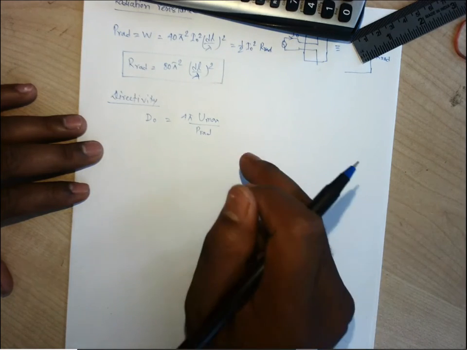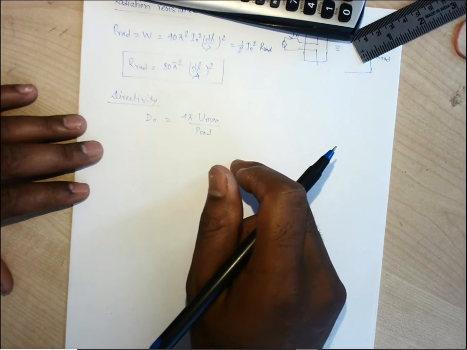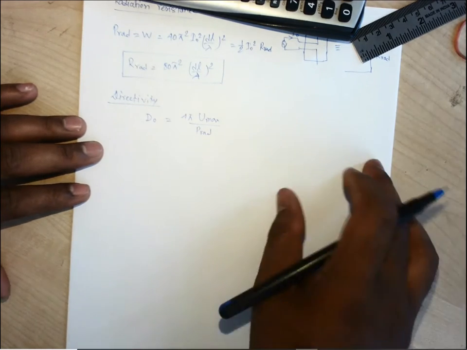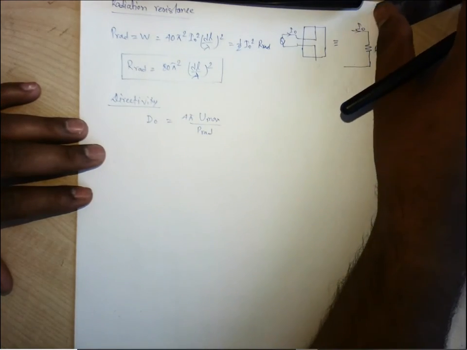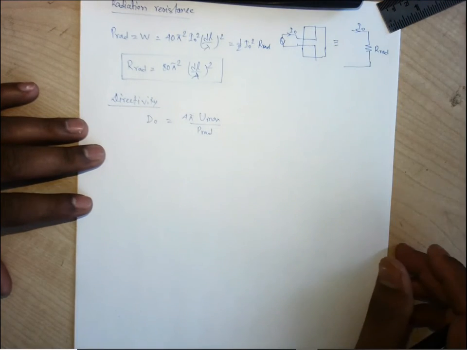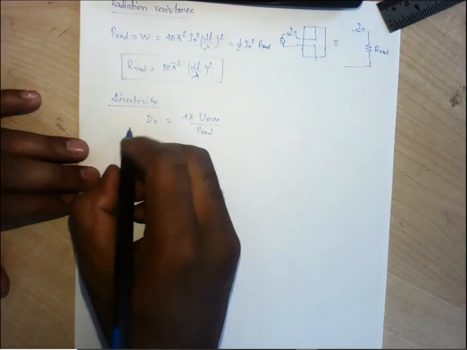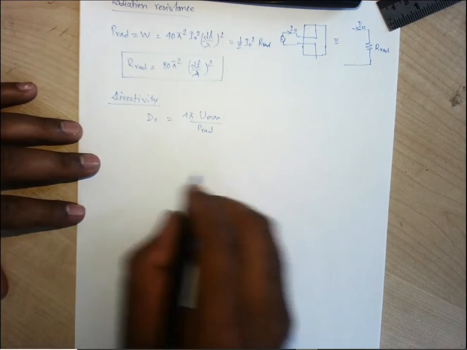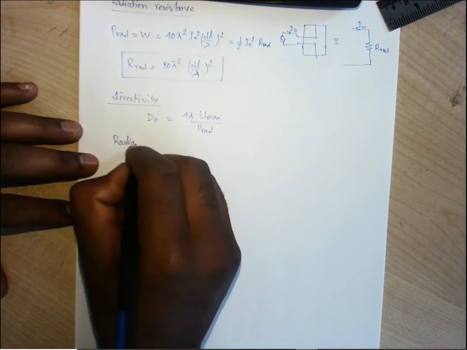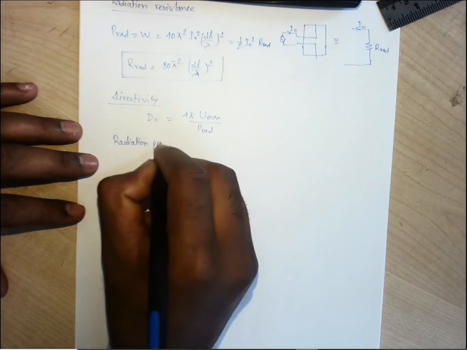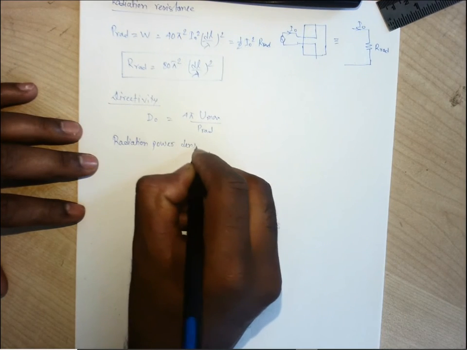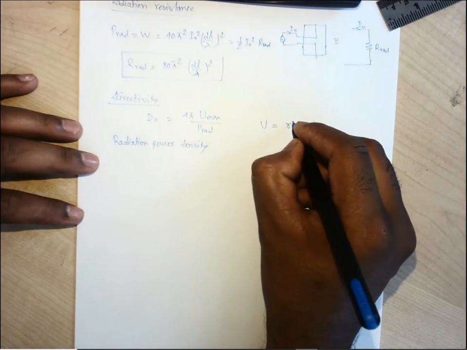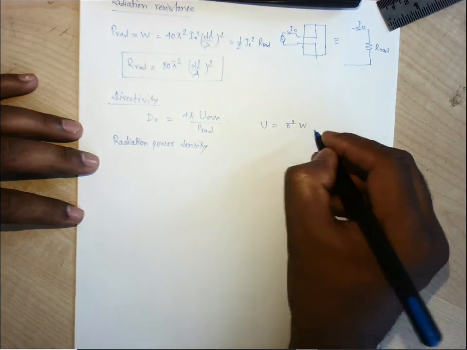For that, what do we need? We need the radiation power density. What is that radiation power density? It is the same as P average, or W average, which is the radiation power density. Because for finding out this radiation intensity, what we need is r square W average.